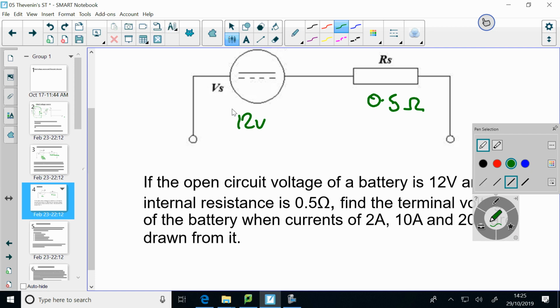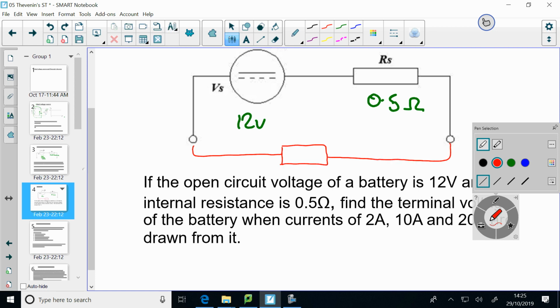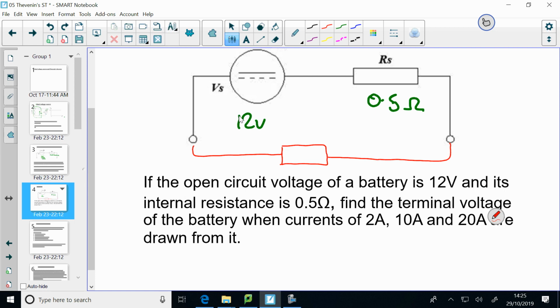So if we connect in here a load such that first of all 2 amps flows, what we're interested in is this terminal voltage, we'll call it Vout, for the output of that voltage source. How can we calculate what Vout is going to be?